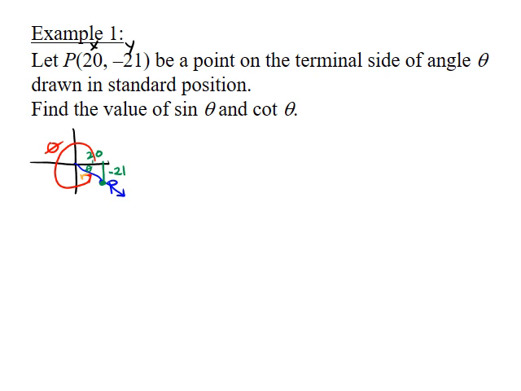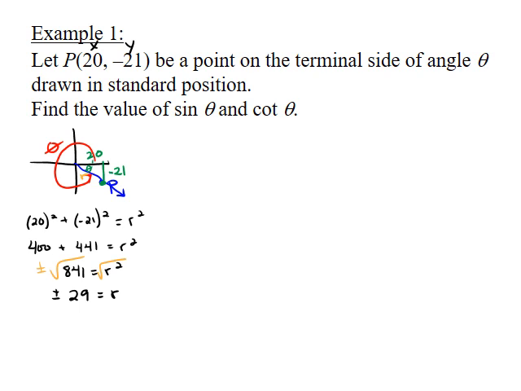So we have 20 squared plus negative 21 squared equals R squared, or 400 plus 441 equals R squared, which is 841. When I take the square root of this, I get 29. Technically R is positive and negative 29 because the square root gives a positive and negative result.